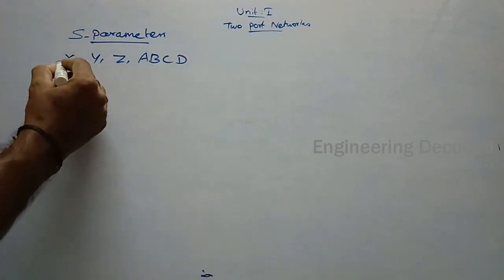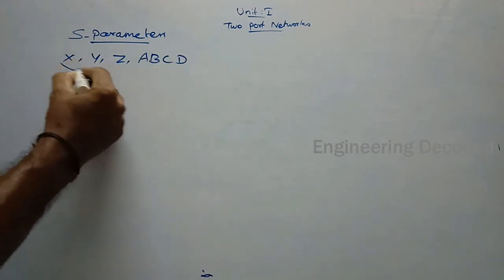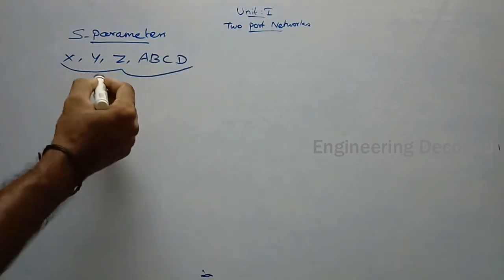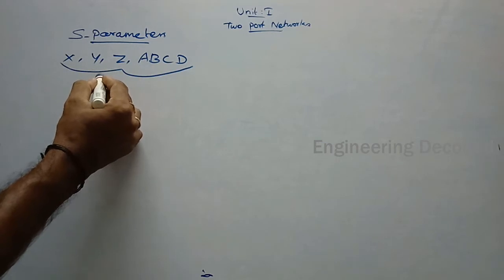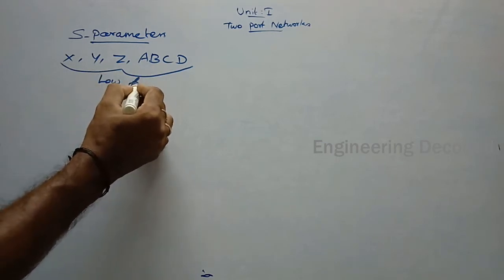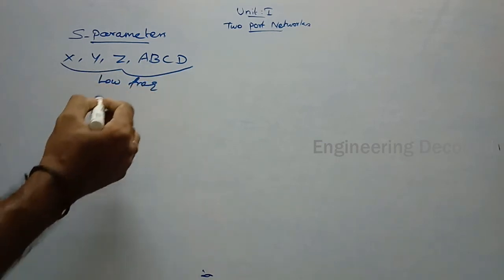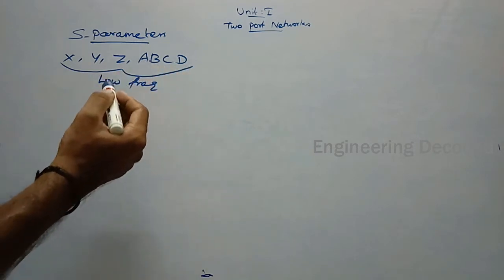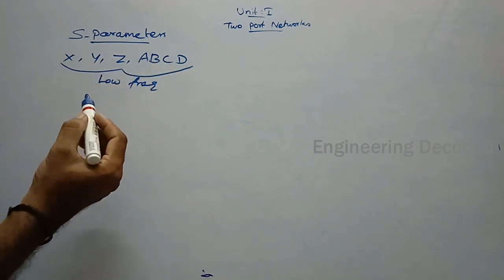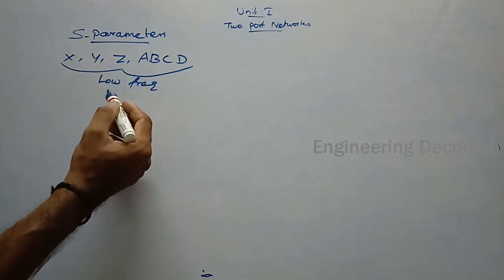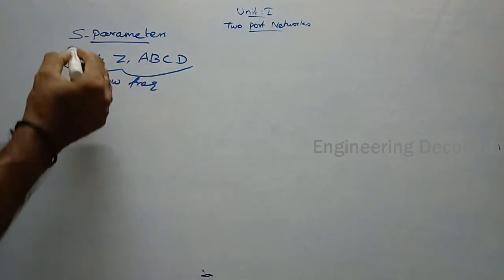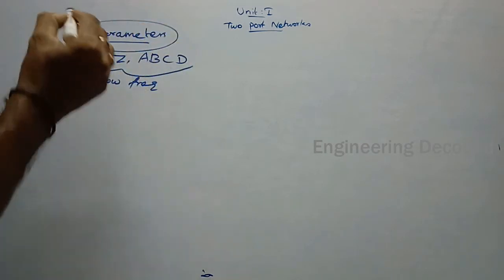In those sessions, we have seen that all these parameters are only low frequency parameters. They cannot be applicable for high frequency circuits. So when you go for high frequency microwave circuits, then you need S parameters.